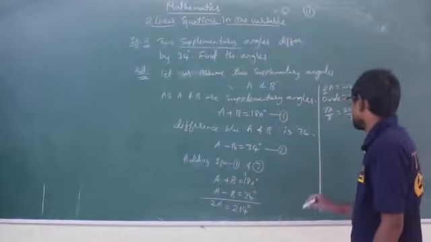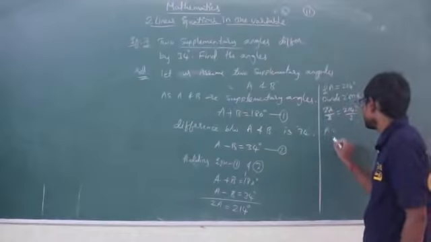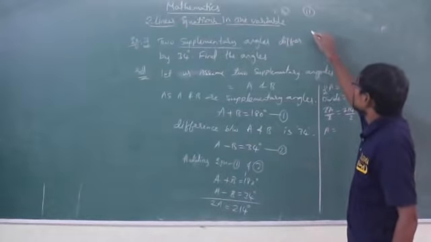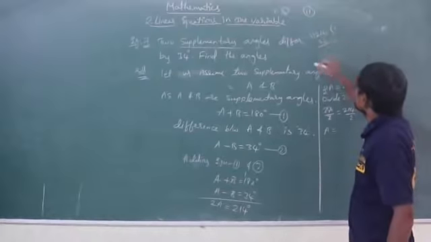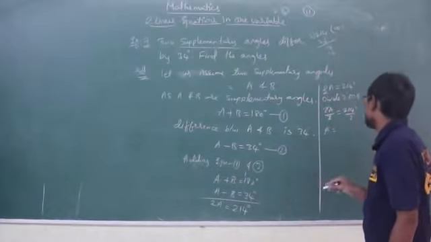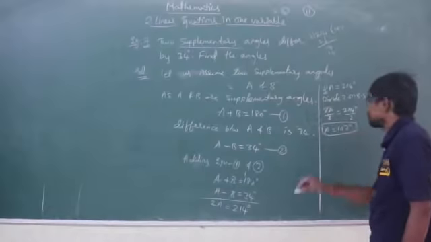Okay, so 2 divided by 2 is 1. Therefore A is equal to 214 divided by 2. 2 ones are 2, so here I directly write 14. 2 sevens are 14. So here I will get 107 degrees, isn't it?